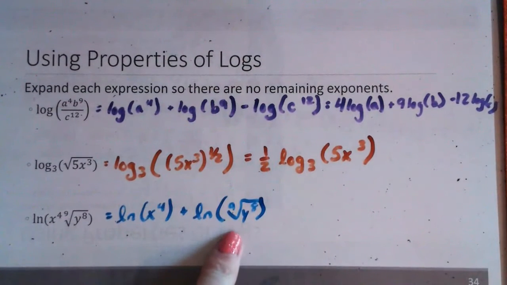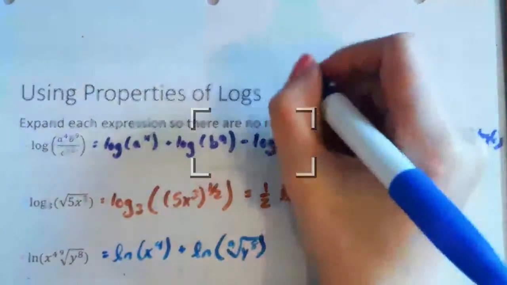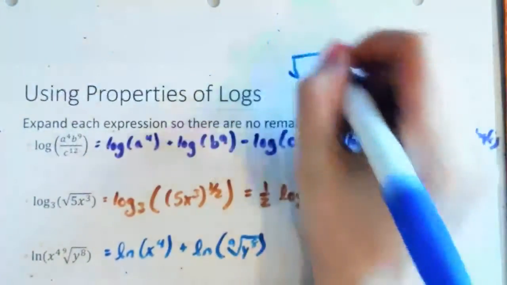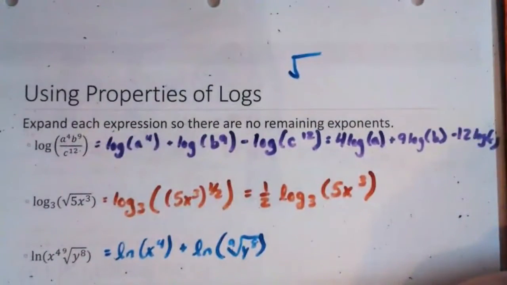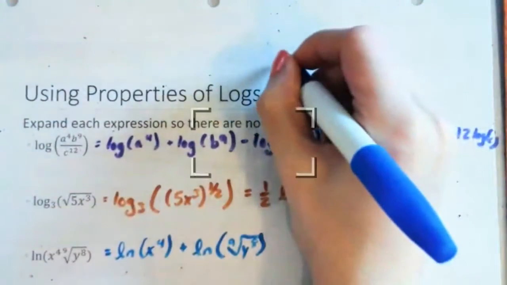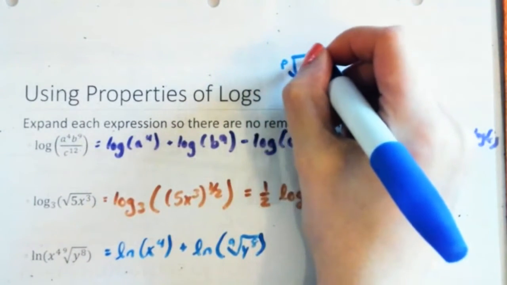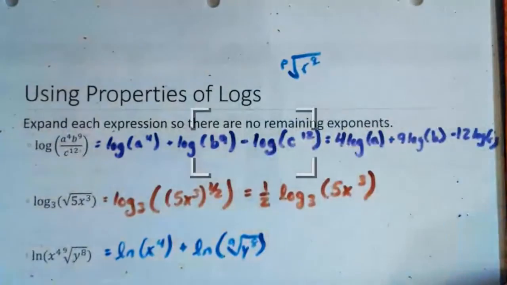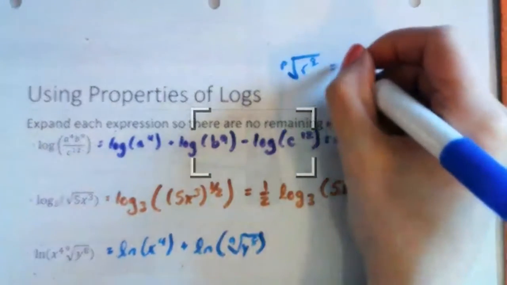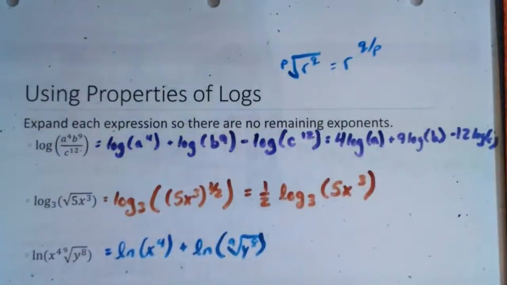We need to deal with this 9th root of y to the 8th. So we have to be a little bit more careful about how we notate our radicals. If we are taking the pth root of r to the q, I know that's not really the best notation there, but this is r raised to the q over p power.